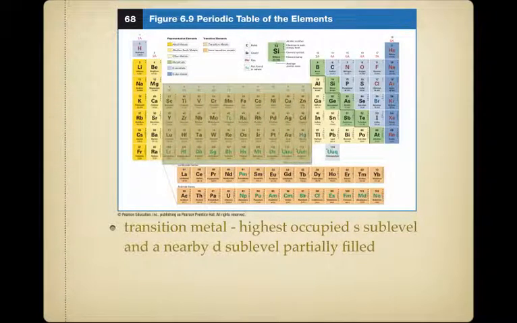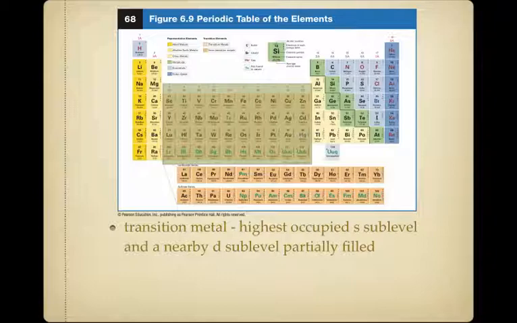As you go through these, let's say we look at number 21, scandium. We just filled the 4s2 level, and then we're starting to fill the 3d level. So scandium would end at 4s2, 3d1, and those in the middle there, those are all the d.